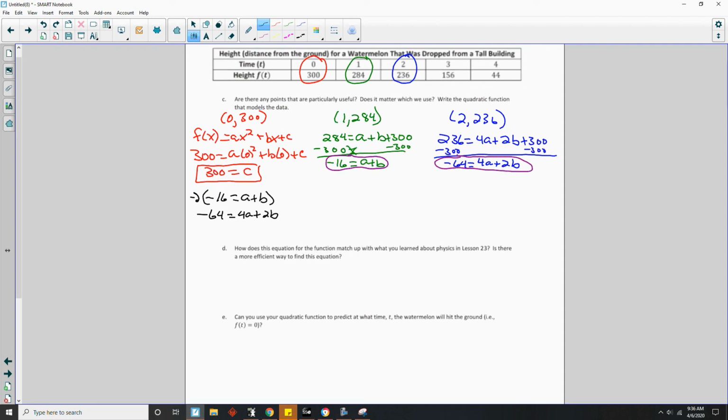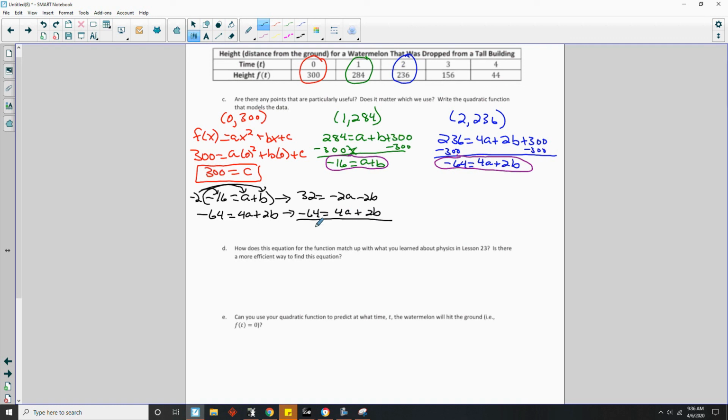So if I multiply this whole thing by negative 2, that is going to give me negative 2 times negative 16 is positive 32. Negative 2 times a is negative 2a. And negative 2 times b is negative 2b. And then I just bring over my other equation, negative 64 equals 4a plus 2b.